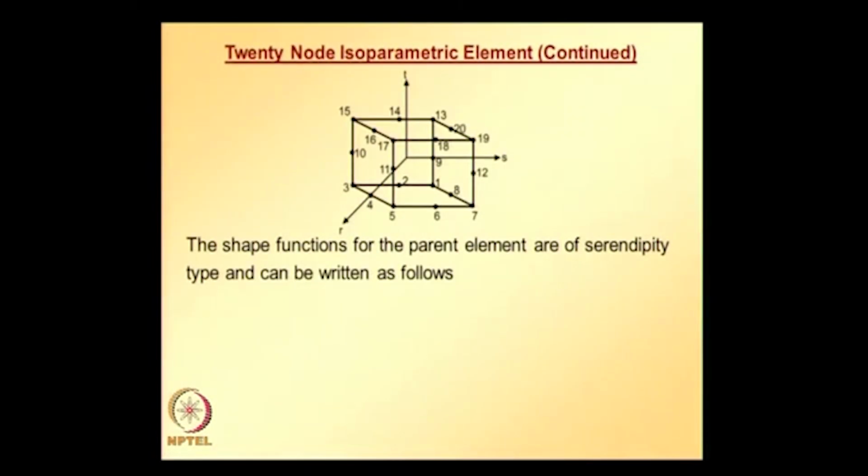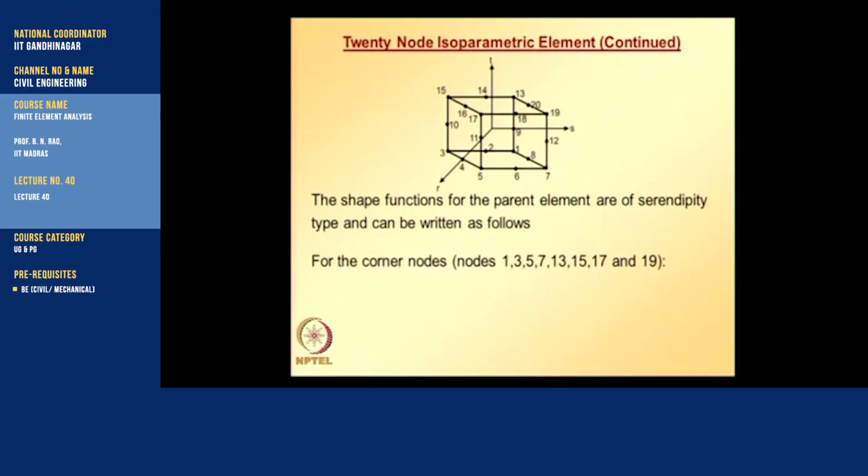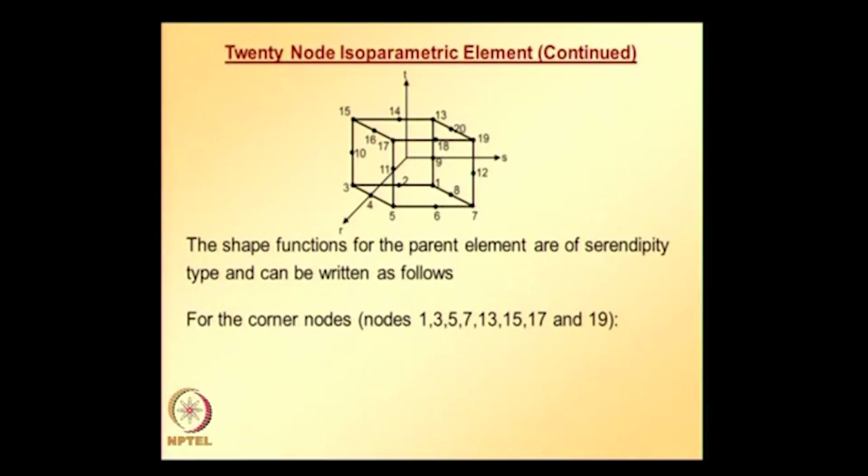Shape functions for the parent element are of serendipity type and can be written as follows for corner nodes. We cannot write one general expression similar to what we did for the 8 node hexahedral element. Here the shape function expressions look different for corner nodes and mid side nodes, so we need to write those separately.